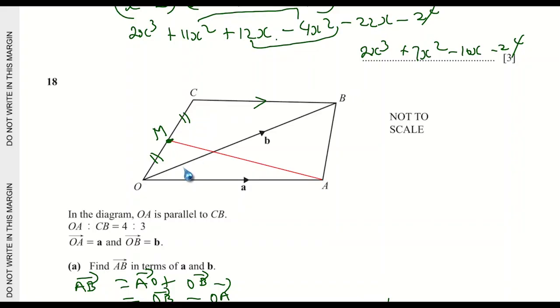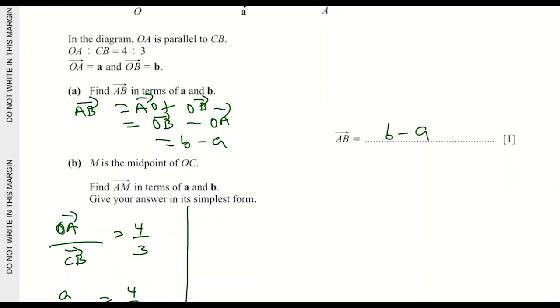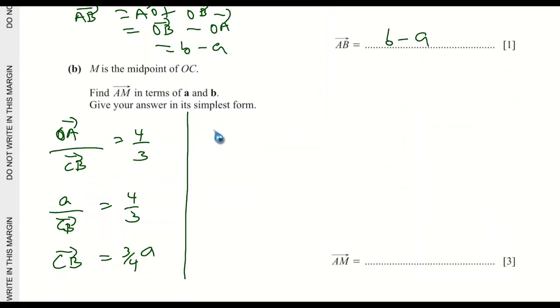equals OB plus BC, right? So you can write OC equals OB plus BC. But you see that BC is moving in the opposite direction.